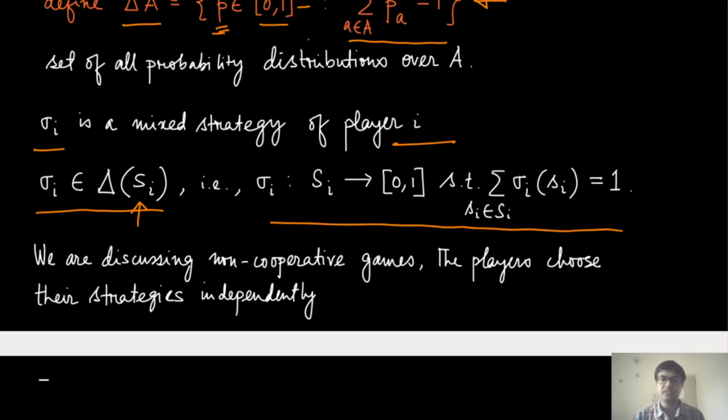Now, since we are considering only non-cooperative games, the players choose their strategies independently. So player 1 is not cooperating or communicating with player 2 when making his or her choice of actions. So therefore, all these strategies are independent.